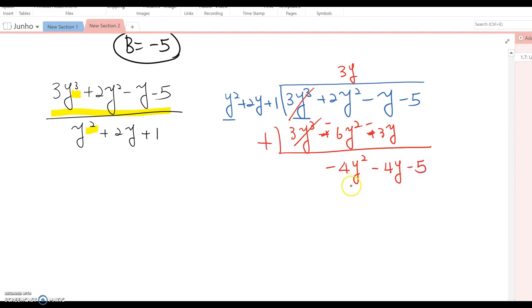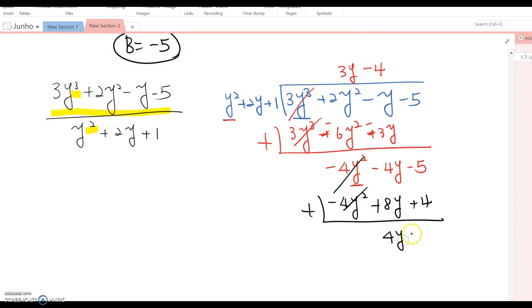Since the leading degrees are equal to each other, we can do one more time. So minus 4, then negative 4y squared minus 8y minus 4, and we subtract, this is gone and the signs change, so the remainder becomes 4y minus 1.